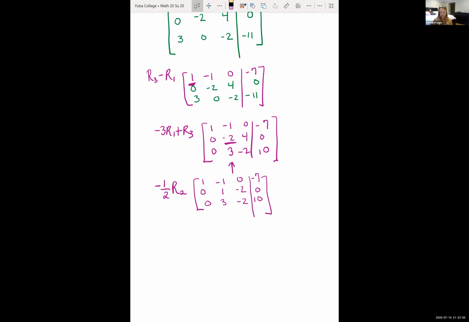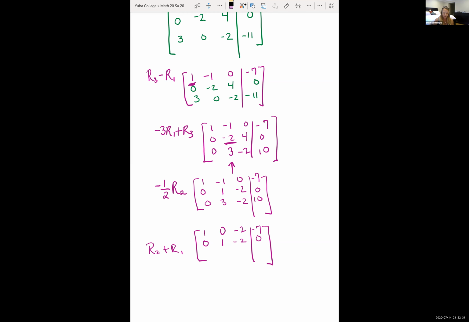Okay, so we want to get rid of the numbers above and below row 2. So I notice if I look at row 2 plus row 1, 1 minus 1 would get us a 0. So we have 1, 0, -2 plus 0 is -2, and 0 minus 7 is -7.